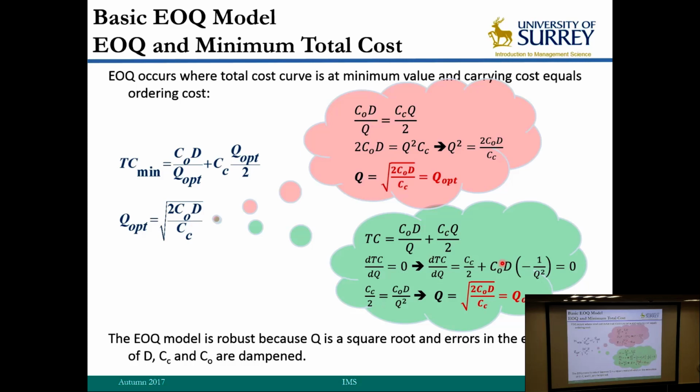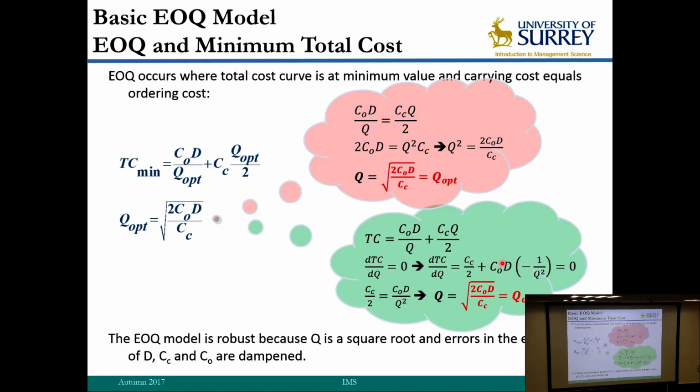So that is determined only by D, Co and Cc. What is D? The total demand in the whole year. If we know the total demand of the whole year, the ordering cost and the carrying cost, we can determine the optimal point for every order. If we know the optimal quantity of every order, is it possible to find how many times we need to make an order?